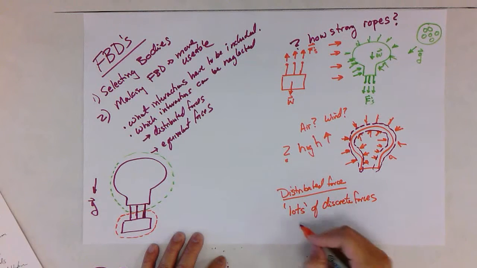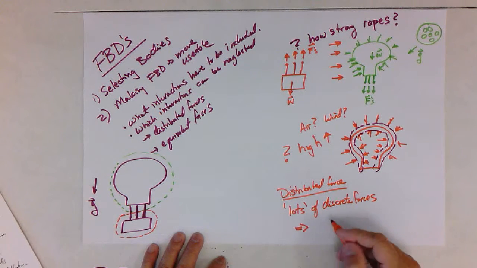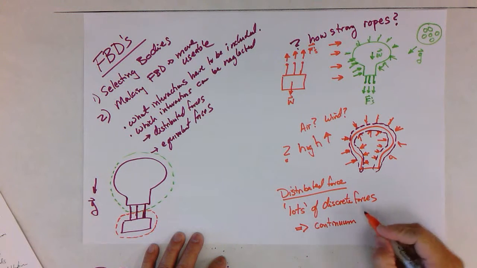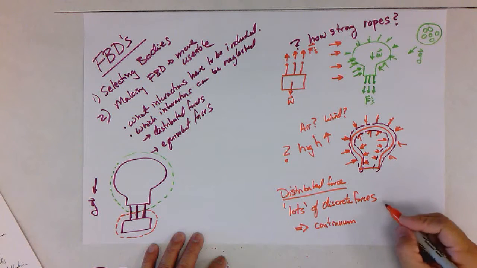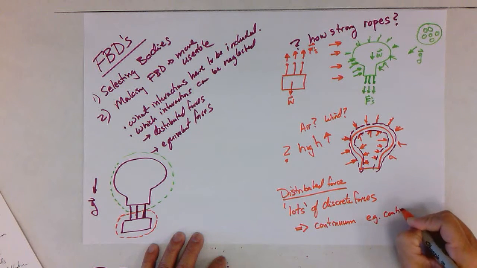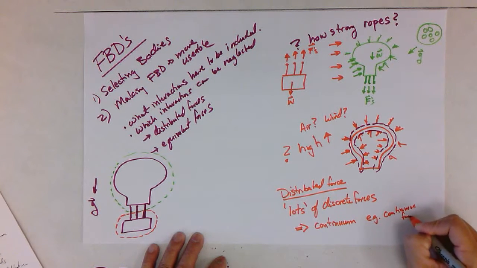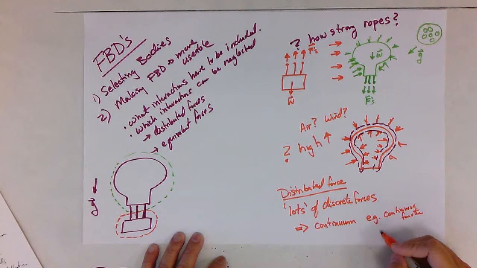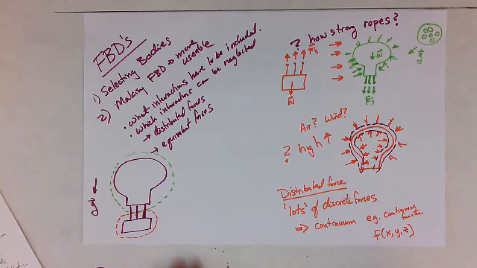So we're going to introduce an idea to simplify our lives, and that's the idea of the continuum. Instead of having lots of discrete ones, we have something that is continuous. So it's, e.g., a continuous function that can describe the spatial distribution of the air, something that perhaps is a function of x, y, and z.